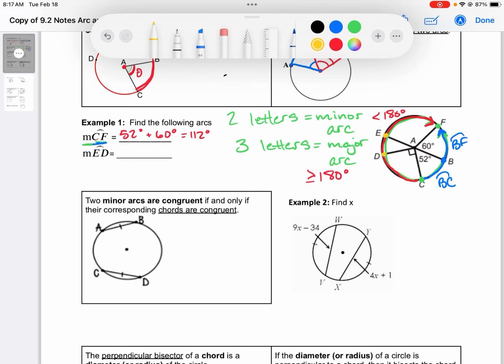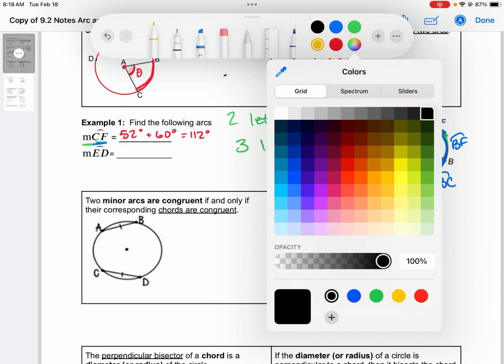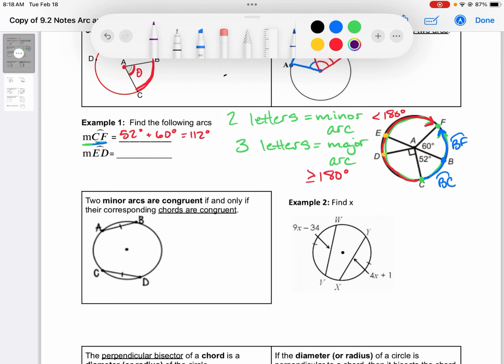At first, it looks like we might not have enough information to do this, but if we observe that our circle has a diameter, you can see right here from E to B, that's our diameter. We know that a half circle, this entire arc that I just put in purple, we call it ECB, is 180 degrees.